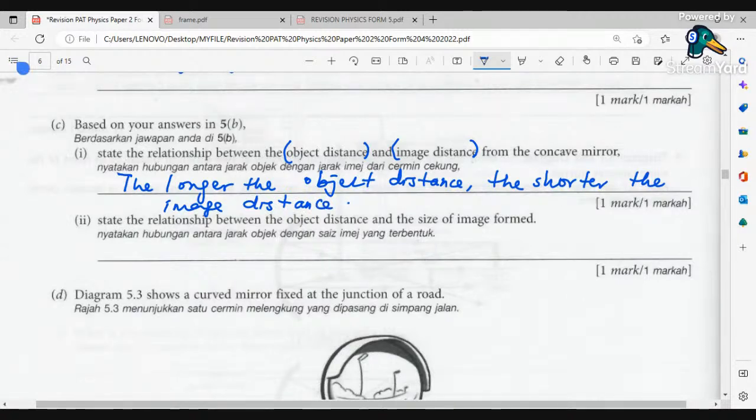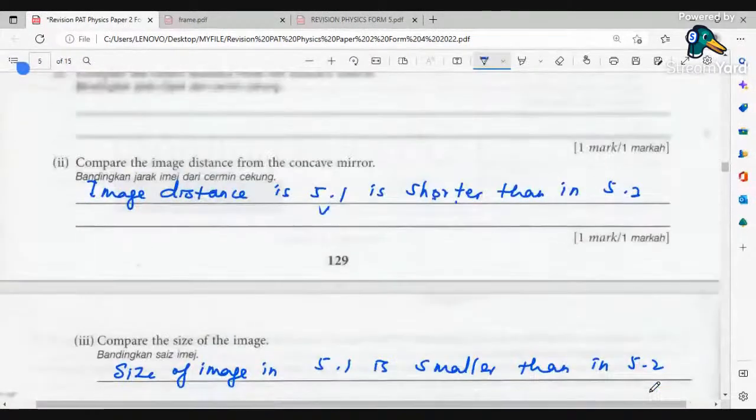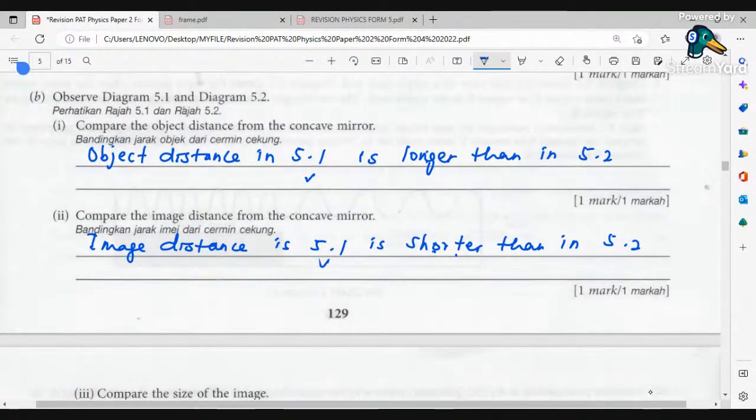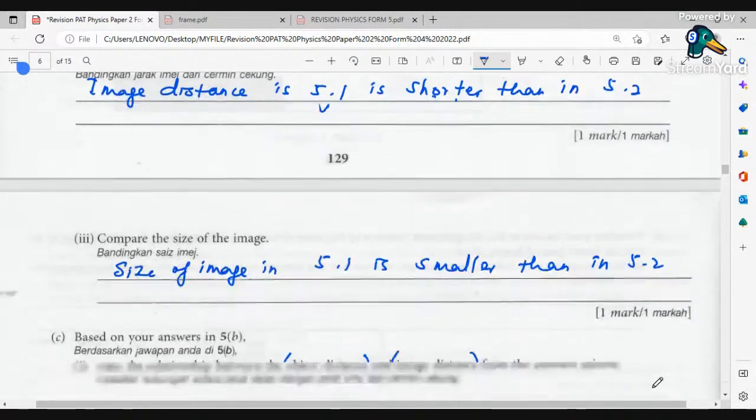Okay. That's why kita kena susun betul-betul 5.1, 5.1. Then we can relate easily. Relationship between object distance and image. Okay. Longer, smaller.